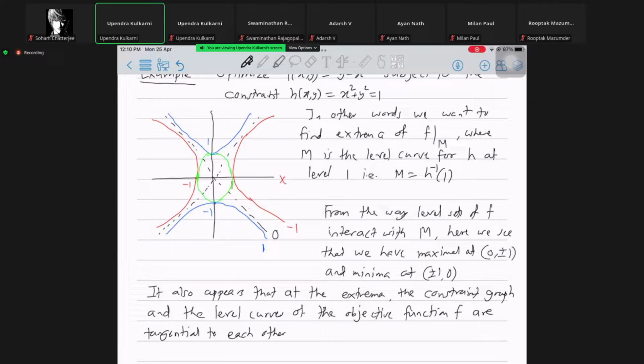So this is an important thing. And Lagrange multipliers are going to formalize this observation and give us a method.